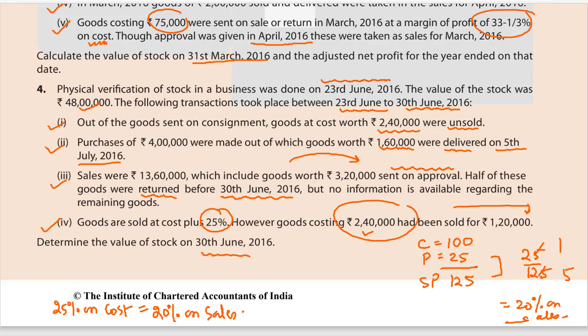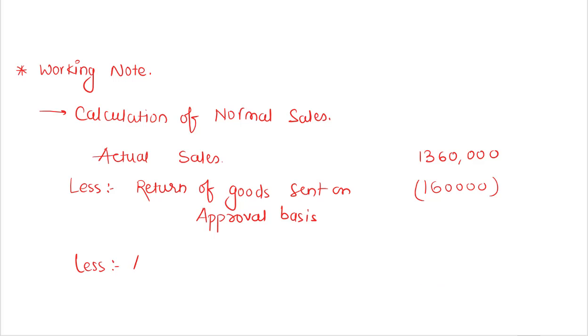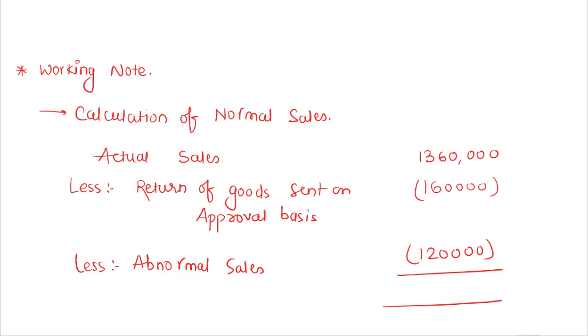Abnormal sales 1,20,000, less abnormal sales. 13,60,000 minus 1,60,000 minus 1,20,000 equals, calculate fast, 10,80,000. This is 10,80,000.